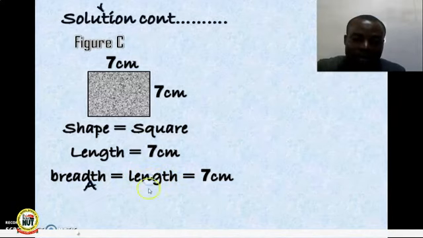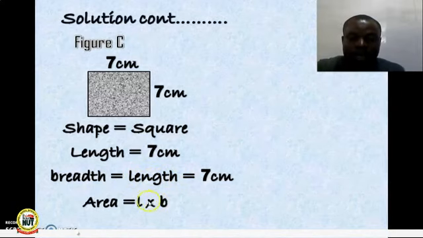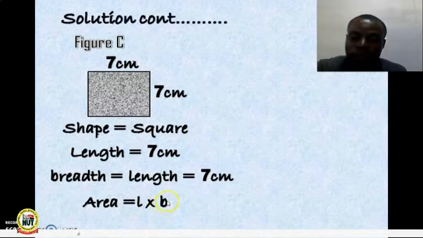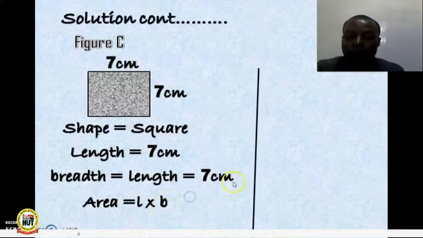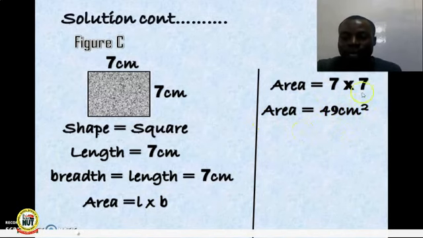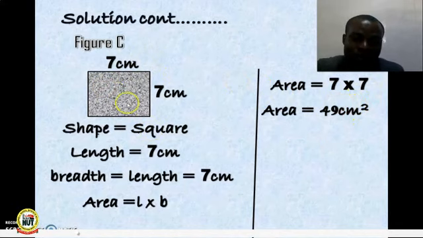The formula is area equals length times breadth, but mind you, length equals breadth, so you are going to have the same number. If you substitute, area equals 7 times 7, and 7 times 7 is 49. So the area of this shape is 49 centimeters square.